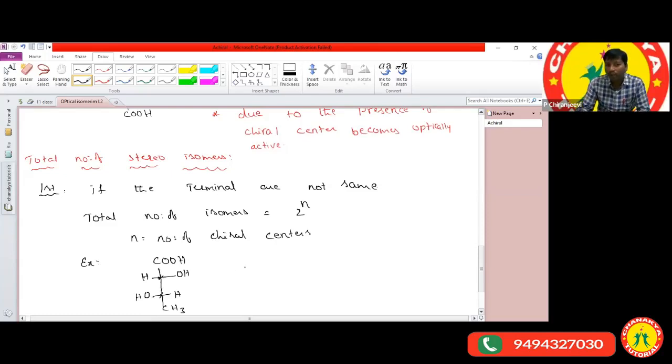If there are 2 chiral centers, we can write the formula as 2 power n, because the terminals are different. One end has a carboxylic acid group, and the other side has a methyl group. If the terminals are not the same, we can take 2 power n, where n is the number of chiral centers. Here n is equal to 2, so 2 power 2. The total number of isomers is equal to 4.